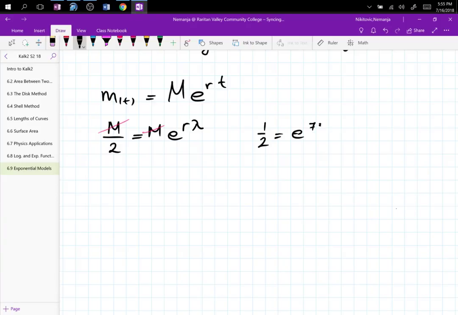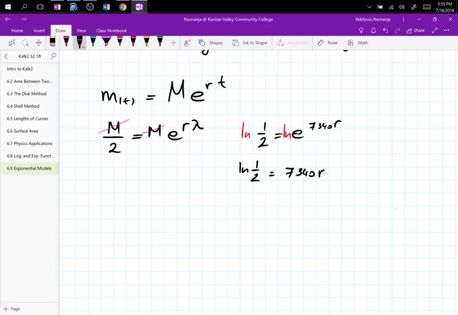7340 r. Take ln of both sides, and you have ln of 1/2 equal to 7340 r.